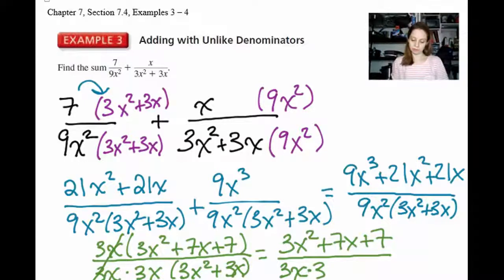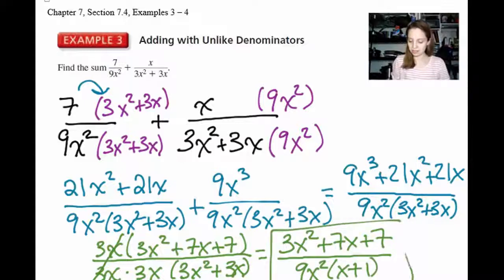I can just rewrite the denominator as 9x squared, like this. Rewrite it 9x squared times x plus 1. So you see I get the same answer if I use a common denominator and not the least common denominator.